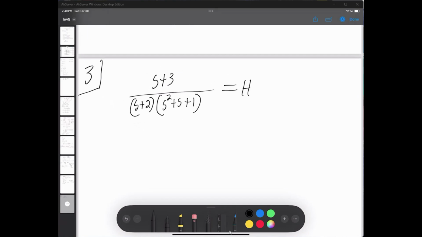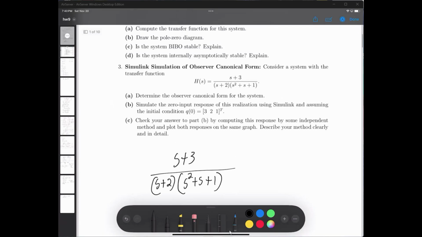This is equal to H(s). Now, the question wants us to determine the observer canonical form for the system.